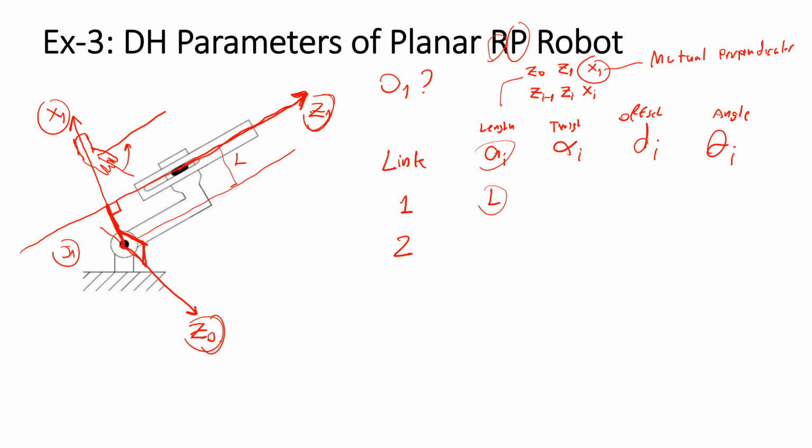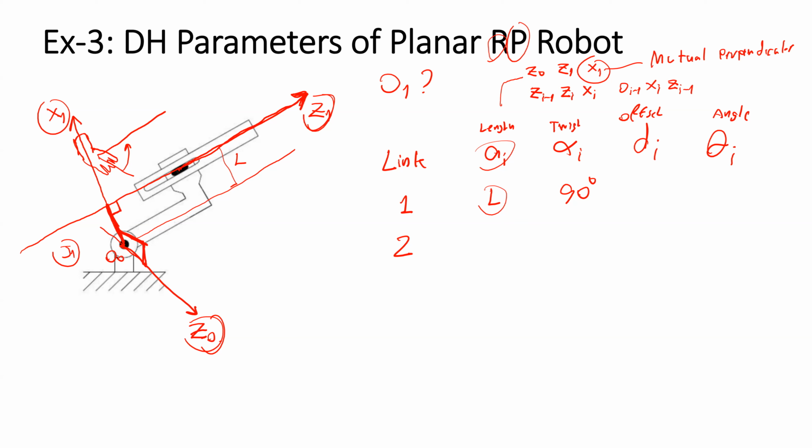In this case, you can see that the twist will be 90 degrees. The offset is the distance from O(i-1) to Xi along Z(i-1). O0 is this point.